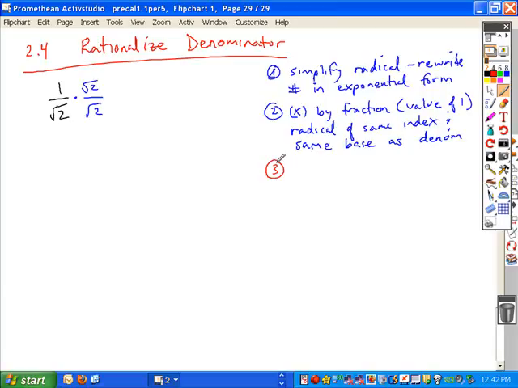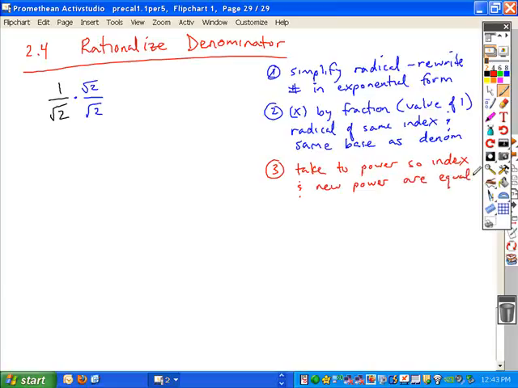If your index is something other than 2, what you need to do is, in this new base, you might have to take it to a power so that the index and the new power are equal.